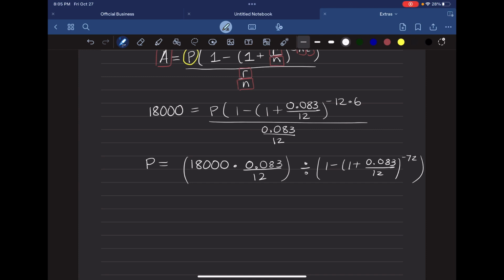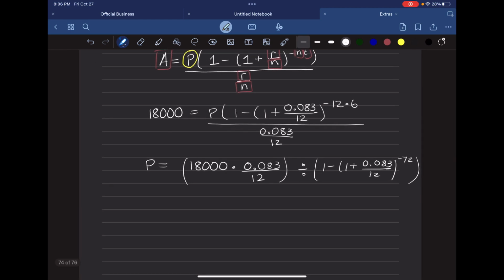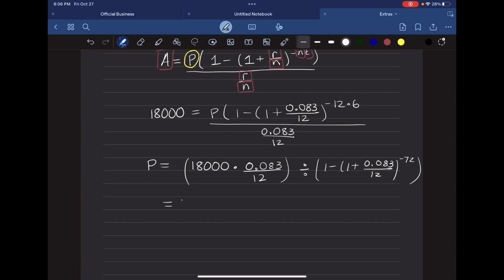Once you type that into your calculator, we end up getting that P is going to be equal to $318.24. So this is going to end up being our monthly payment for the car.